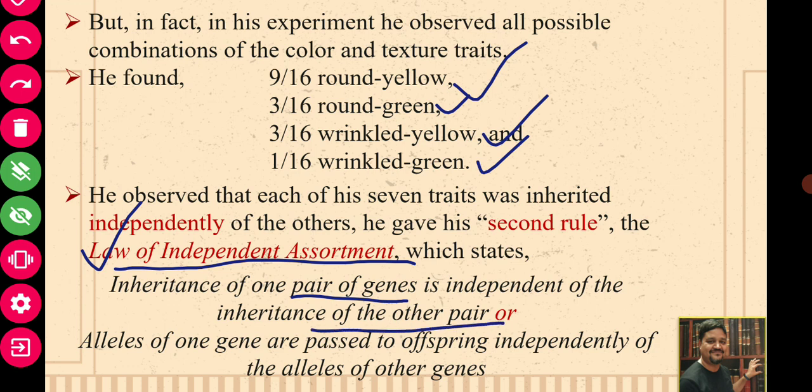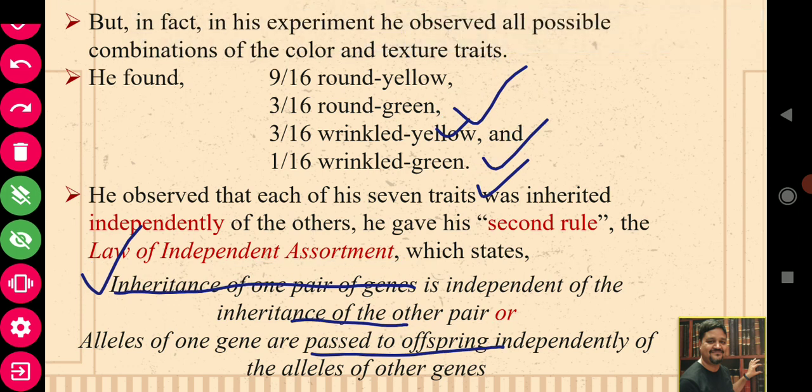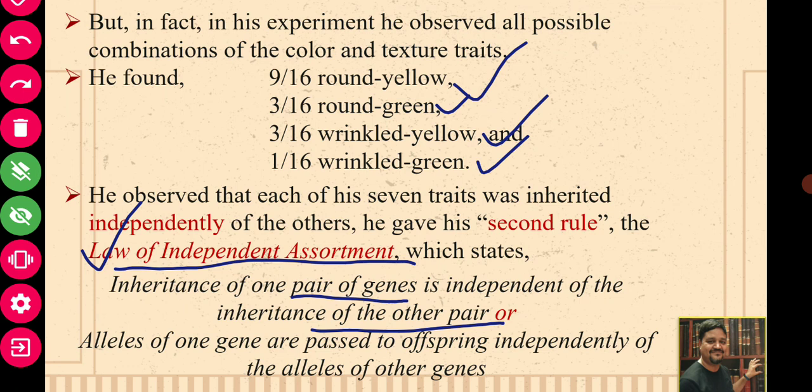Here he is not talking about the allelic pair. He is talking about the pair of genes at a particular locus.